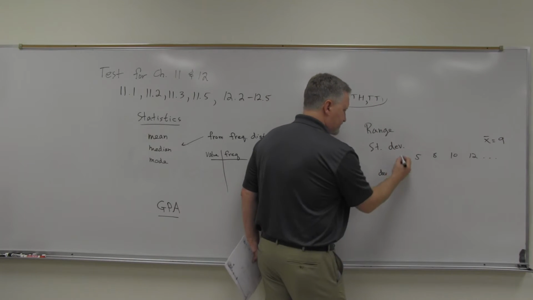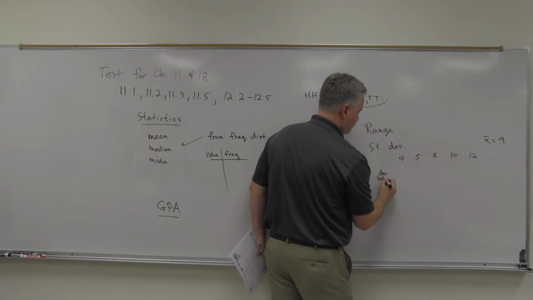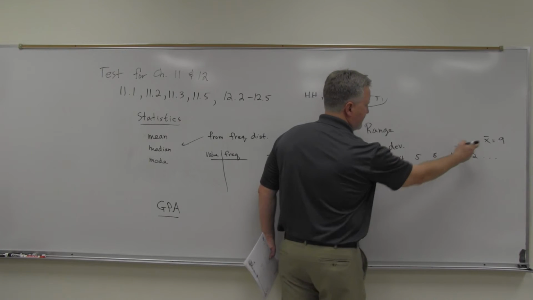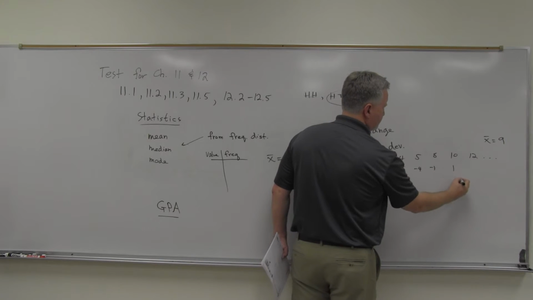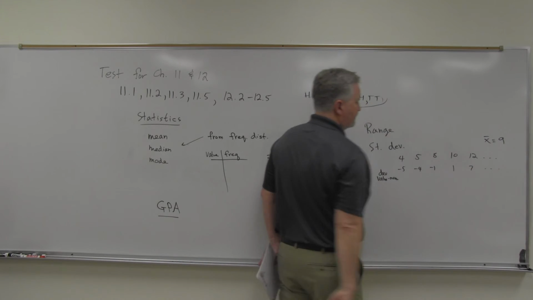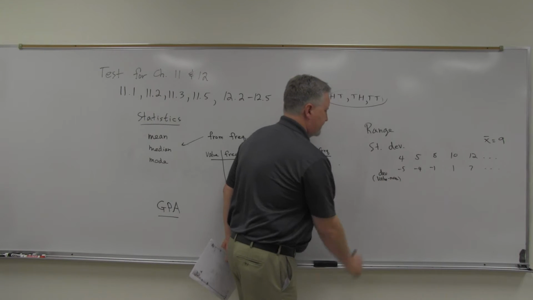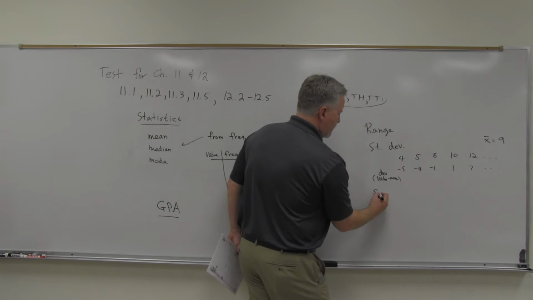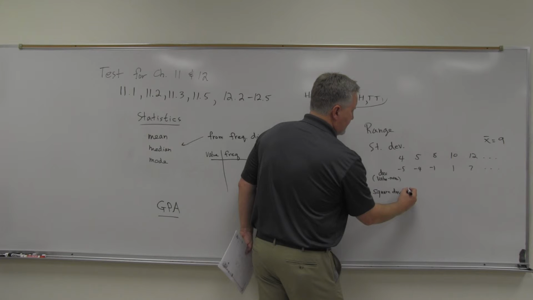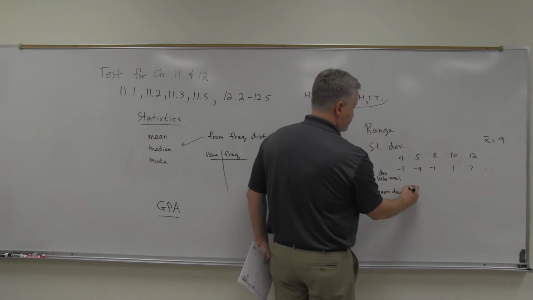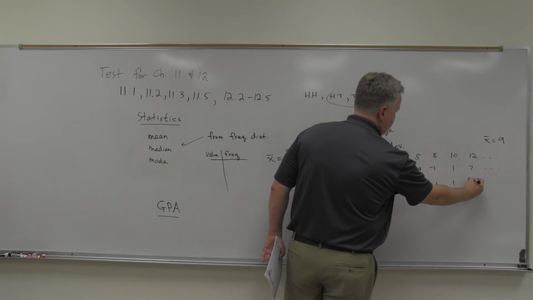So you subtract value minus mean on each one: we got -5, -4, -1, +1, 7, and whatever the rest are. Just a real quick example. Then you square those. When you square them, they're all positive, so that's +25, +16, +1, +1, 49, etc.